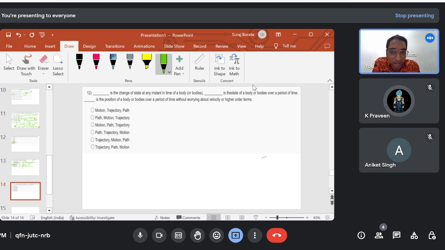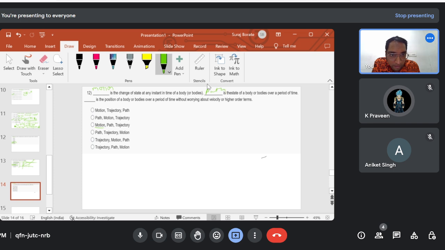Okay. The change of state at any instant in time of a body is, obviously, motion. First, motion. The state of a body or bodies over a period of time, I think, is path.